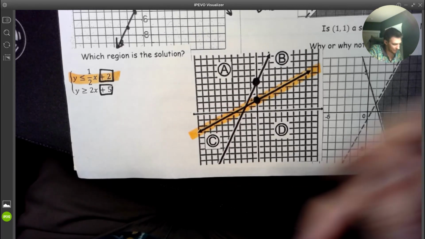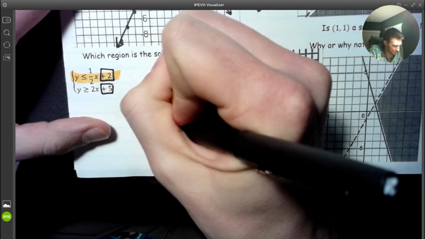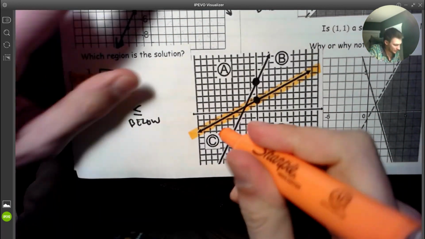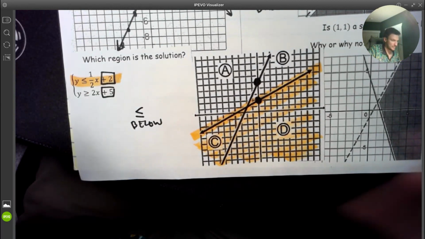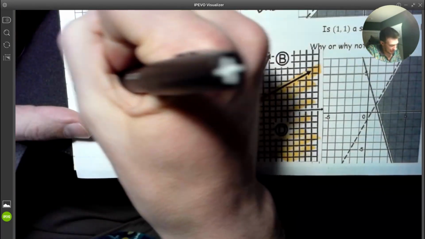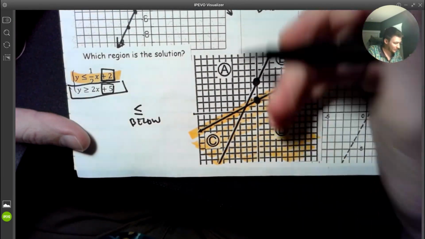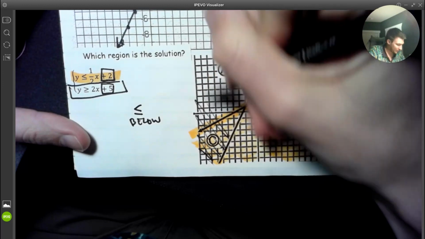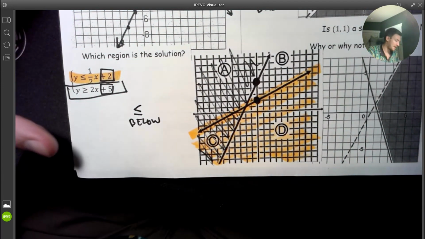And since I have a less than or equal to, that is a below, so I should color down here, working with C or D. And then I'm going to work with this line, which is a greater than. So for my other line, I need to color greater than, which would be that space up there.